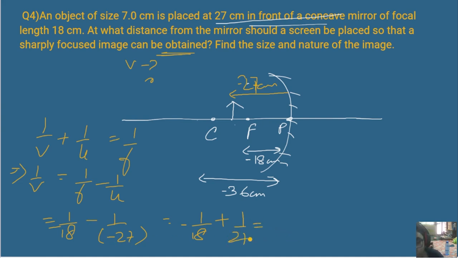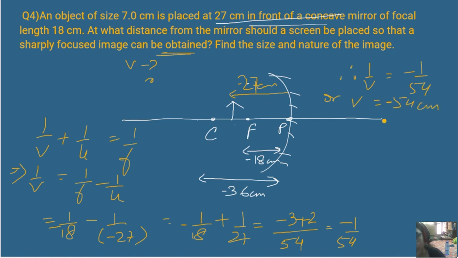So now we take 54. So minus 3 plus 2, or minus 1 by 54. Therefore, 1 by v equals minus 1 by 54, or v equals minus 54 centimeter.